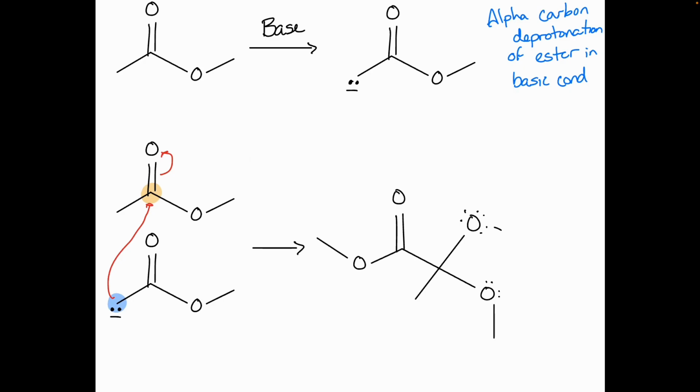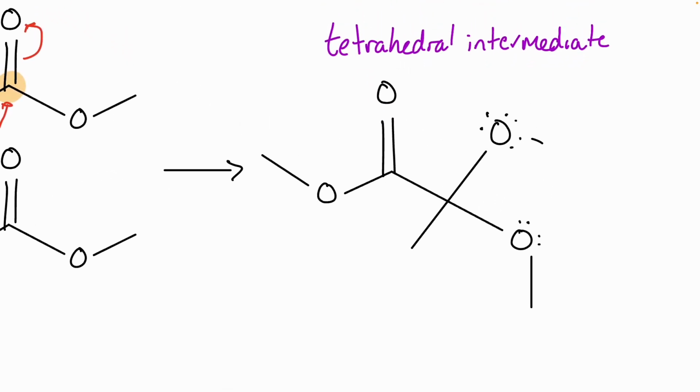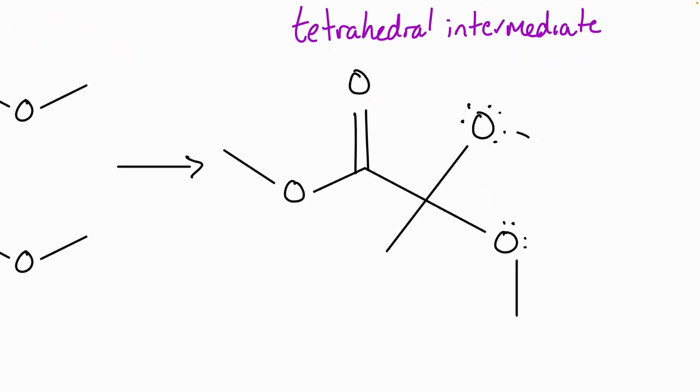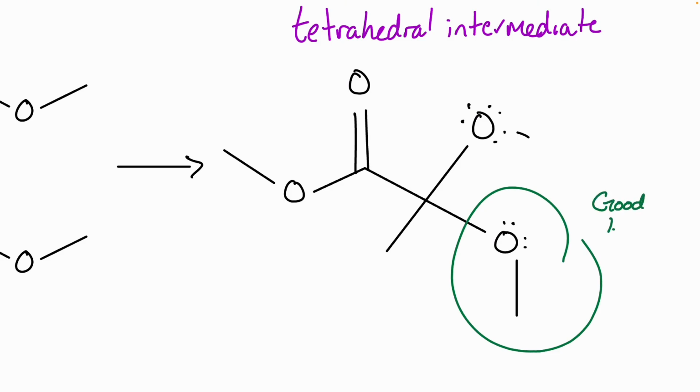All right, so again, after we have our nucleophile attack that electrophilic carbonyl carbon, we get that tetrahedral intermediate. But again, unique to what we have seen previously, now our tetrahedral intermediate has formed on an ester, and our tetrahedral intermediate has this good leaving group.